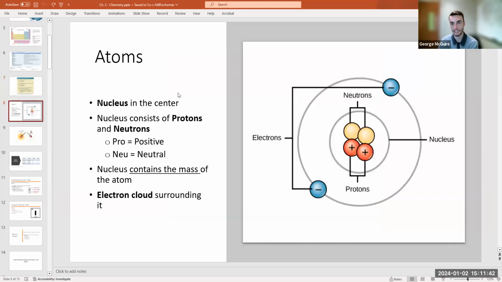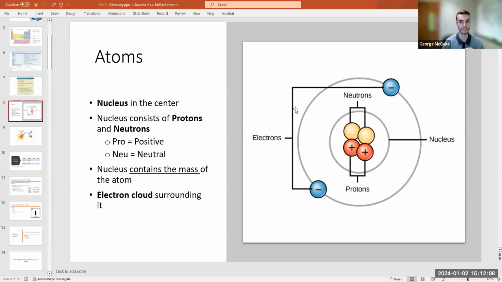So within each atom, we have three subatomic particles, three different types of matter that make up that atom. In the very center of the atom is our nucleus, which contains neutrons and protons. And then we have electrons that surround that nucleus on what we call the cloud or shells, the electron cloud or the electron shells.